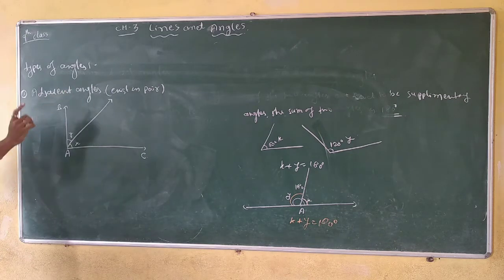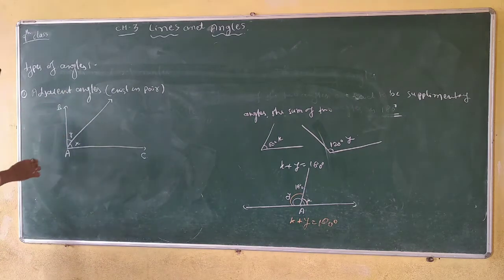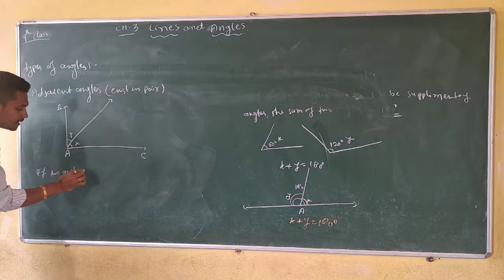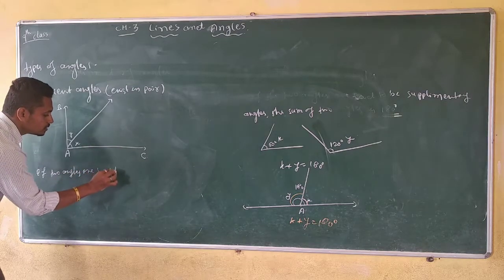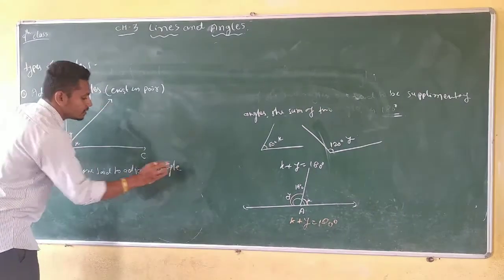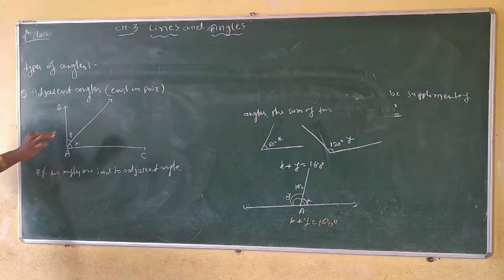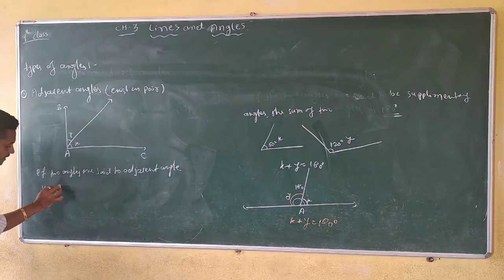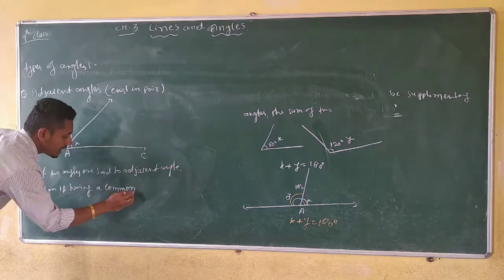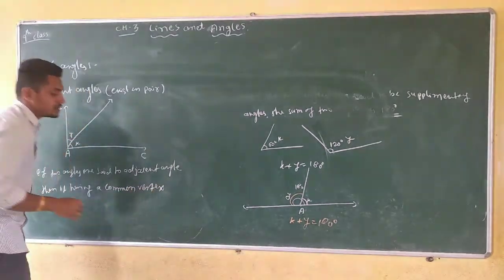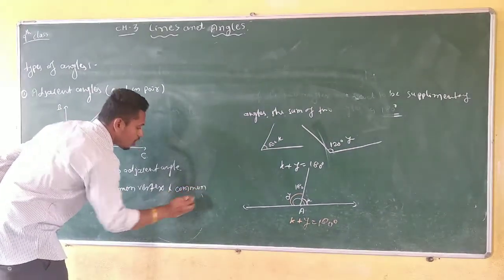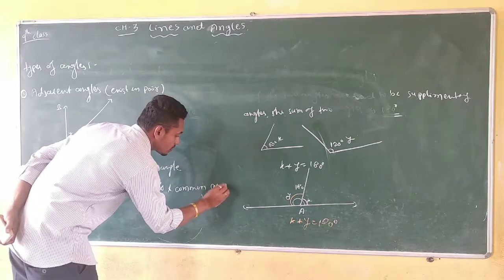The perfect definition: if two angles are said to be adjacent angles, then they have a common vertex and a common arm.